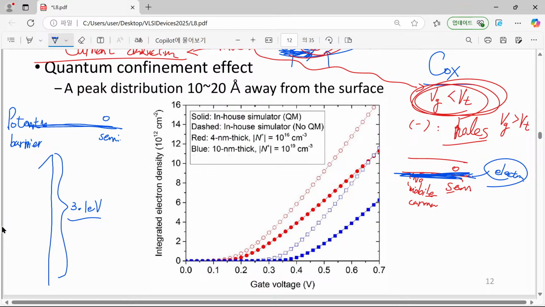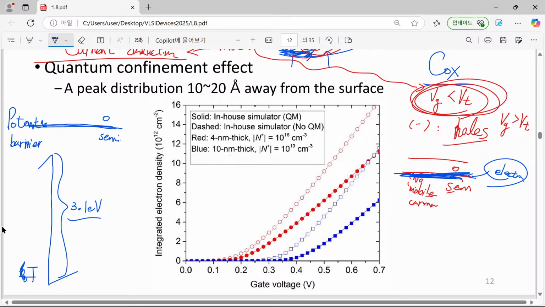So please think about 3.1 eV, because from the viewpoint of the electrons, their energy scale is more or less given by kBT, the thermal energy.